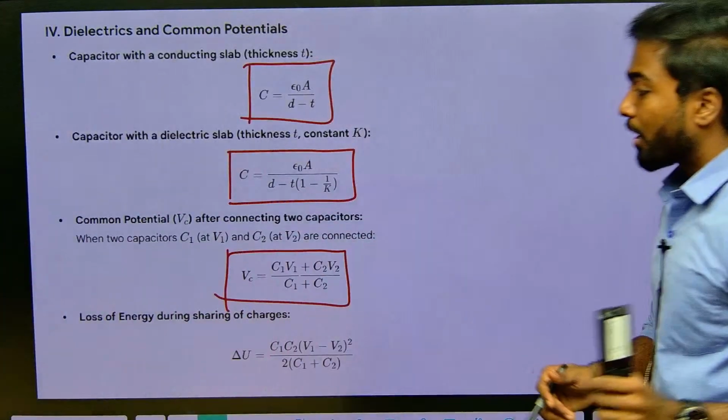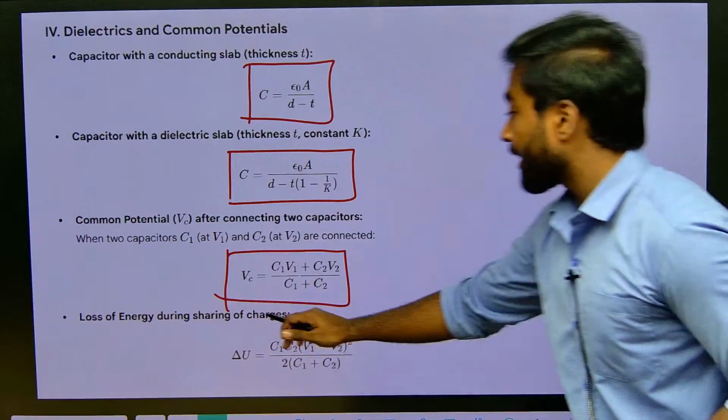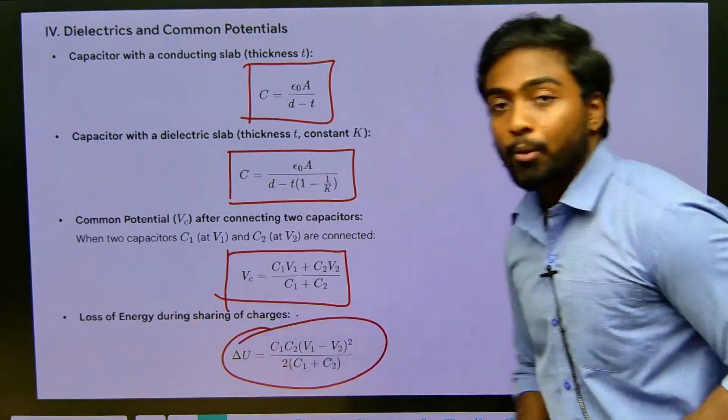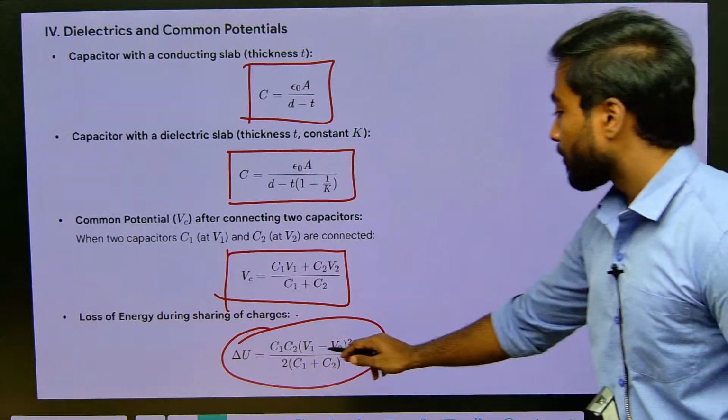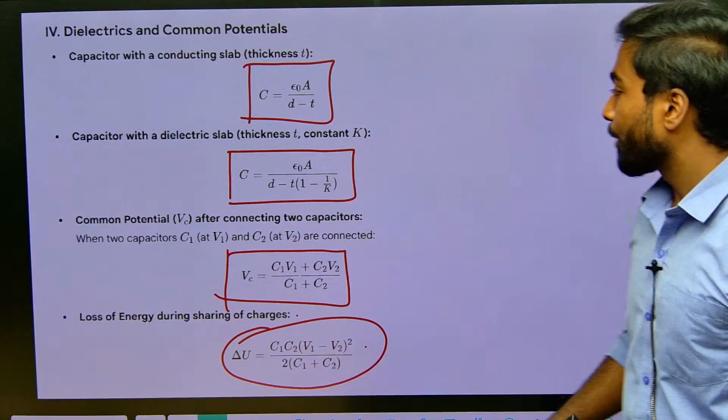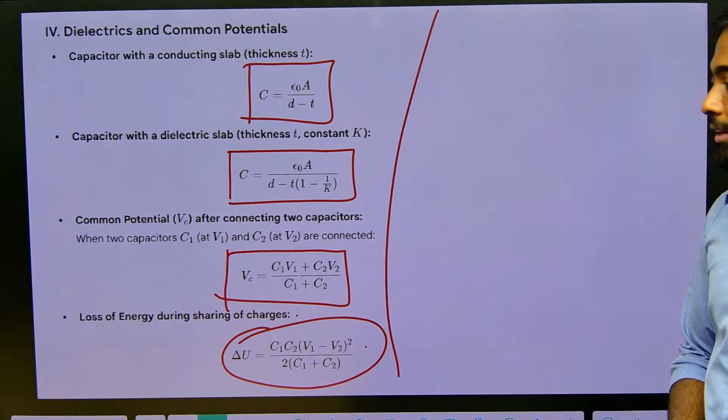And for loss of energy during sharing of charges, U will be equal to C1 C2 times V1 minus V2 the whole square by 2 times C1 plus C2, okay. You can take this formula and we can go for the next one.